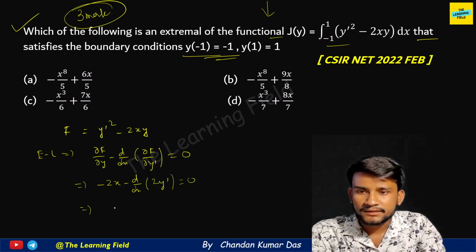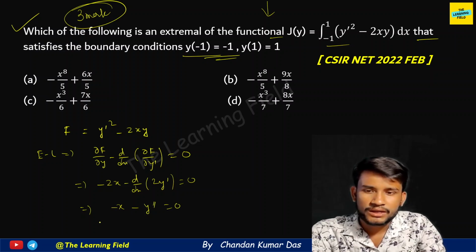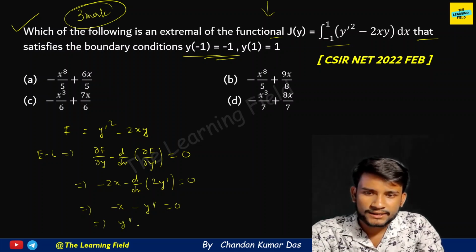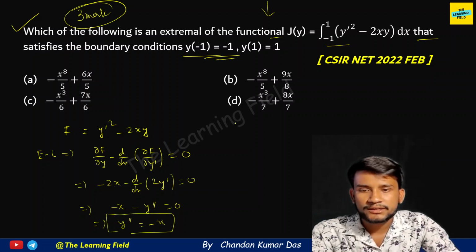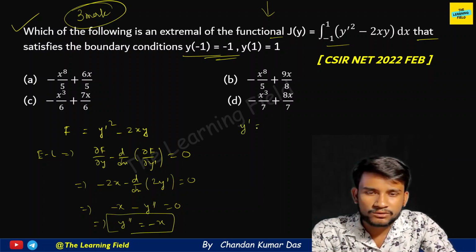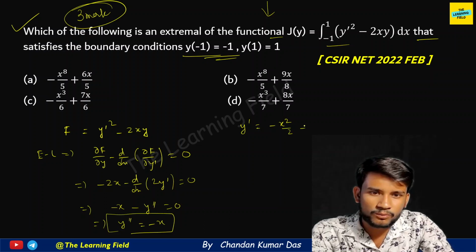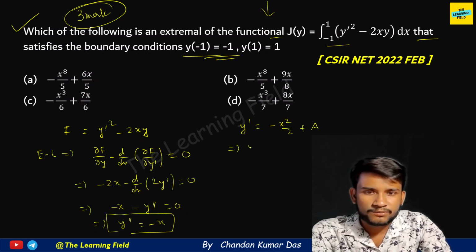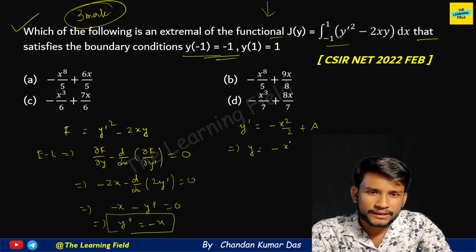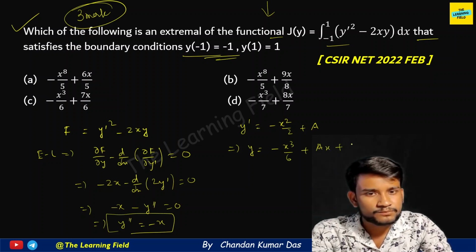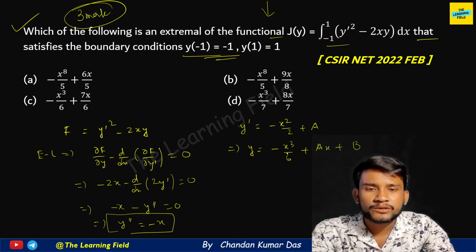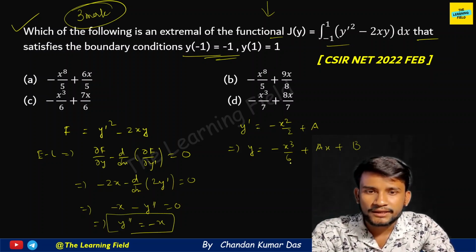This implies minus x minus y'' equal to 0, and this gives y'' equal to minus x. Now if we integrate, we simply find y' equal to minus x squared by 2 plus a, and this implies y equal to minus x cubed by 6 plus ax plus b. Therefore here the highest degree of the polynomial is x cubed.